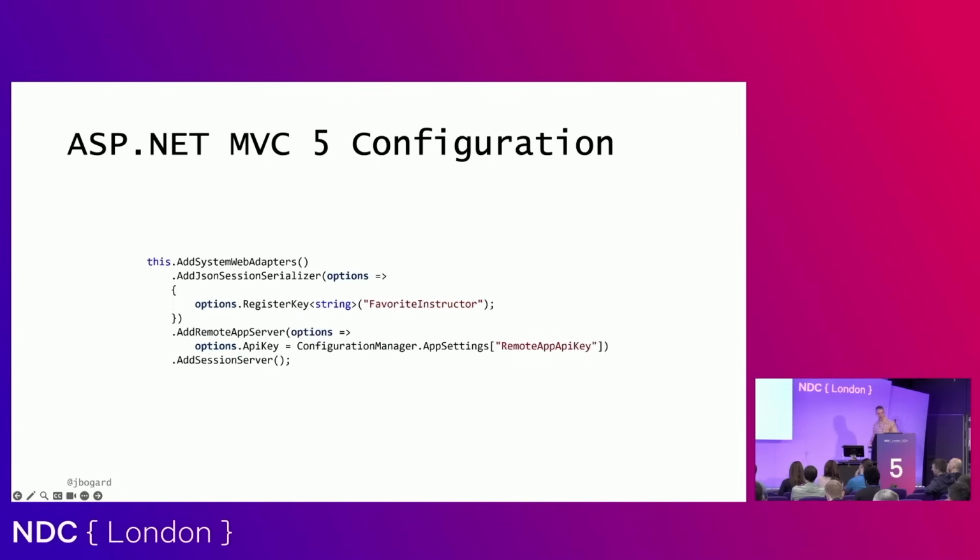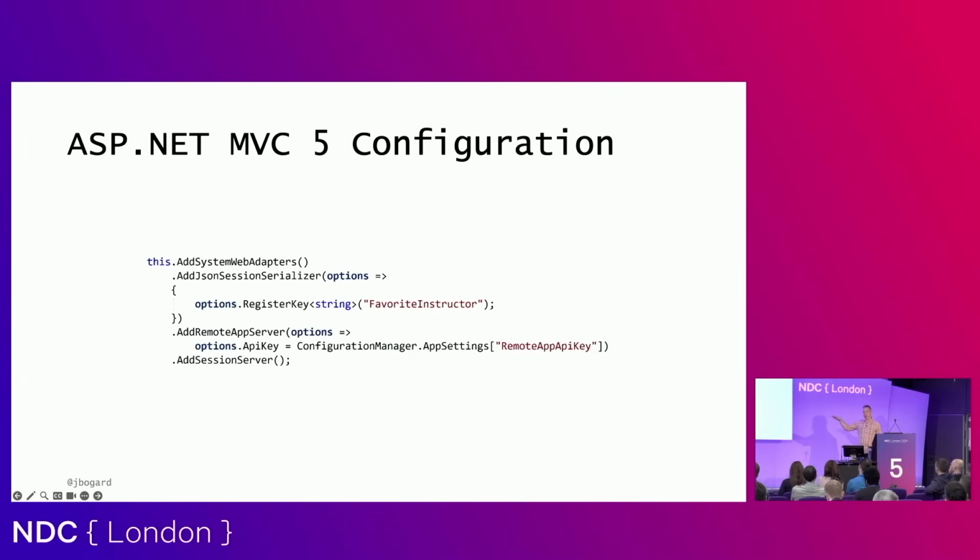So the way we configure this on the ASP.NET MVC5 side is in our global.asax, we will say add system web adapters, add the JSON session serializer, and we have to register all the different session values and their types with the session serializer.